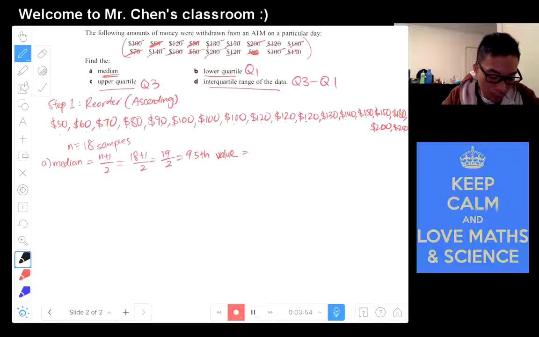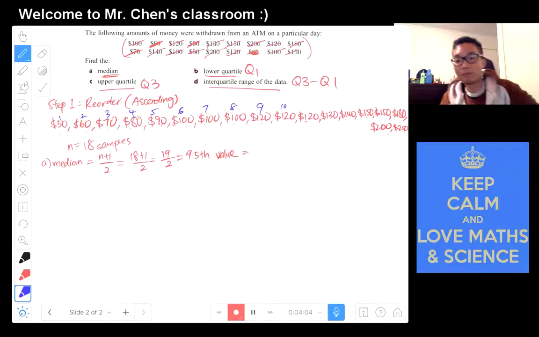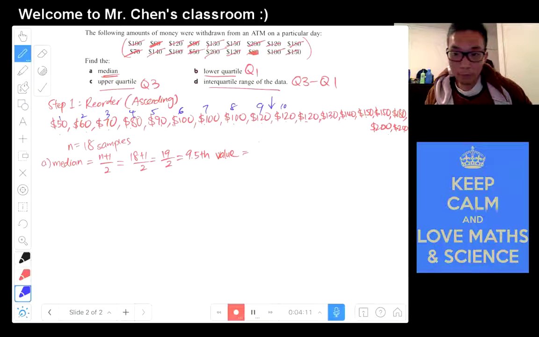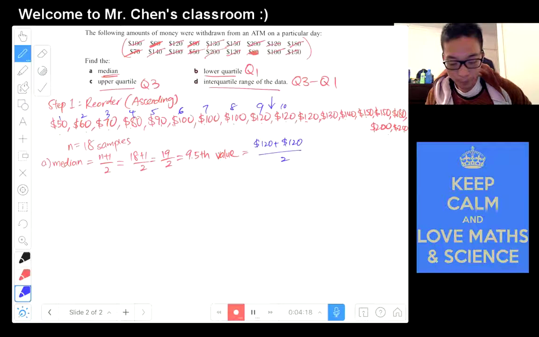So you have to count here 1, 2, 3, 4, 5, 6, 7, 8, 9, and then 10. And 9.5 is actually in between 120 and 120. You add those two together and divide by 2, which gives you 240 divided by 2, which is 120 again. So your median is actually $120.